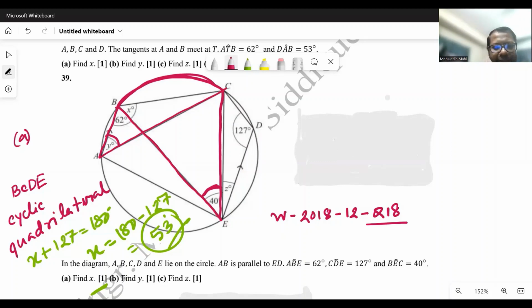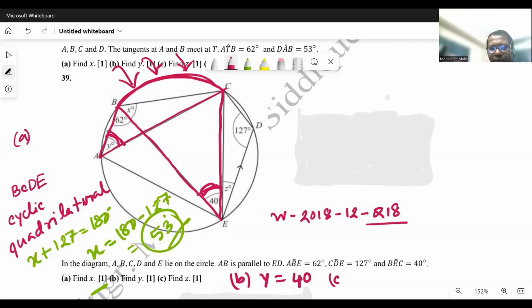So when two angles are standing on the same arc, they're supposed to be equal. So that means Y equals 40 degrees because they're standing on the same arc BC.